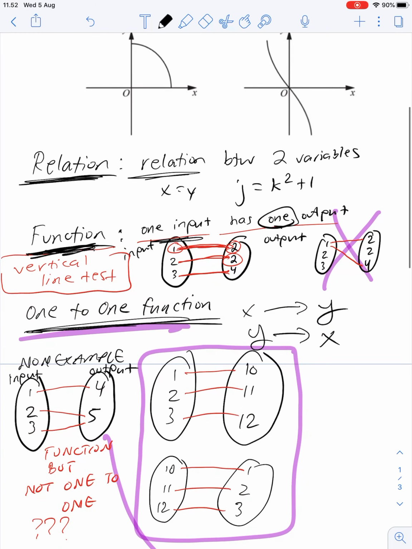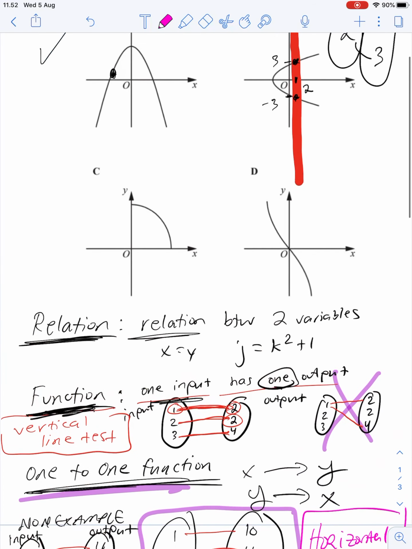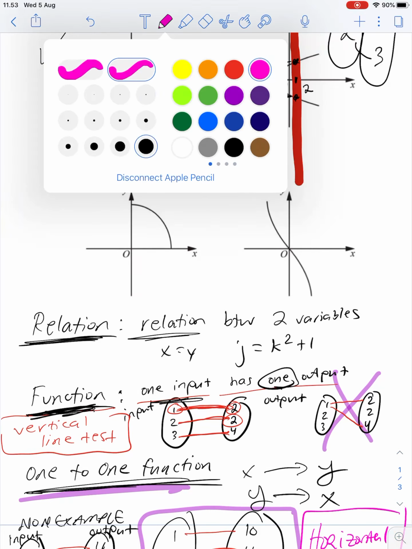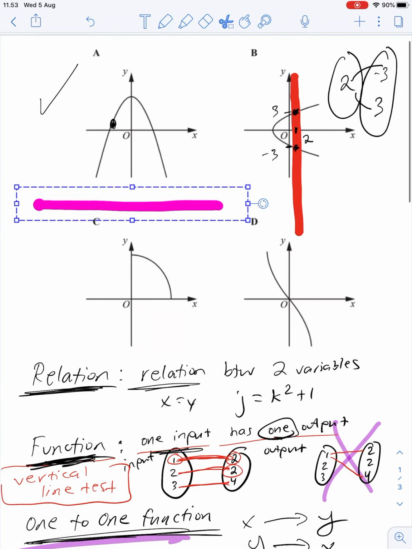Now, for a one-to-one function, you need to use the horizontal line test. The horizontal line test is like the vertical line test, except you draw a horizontal line. So let's draw a horizontal line, like such. And what you're going to do is you're just going to drag it across.